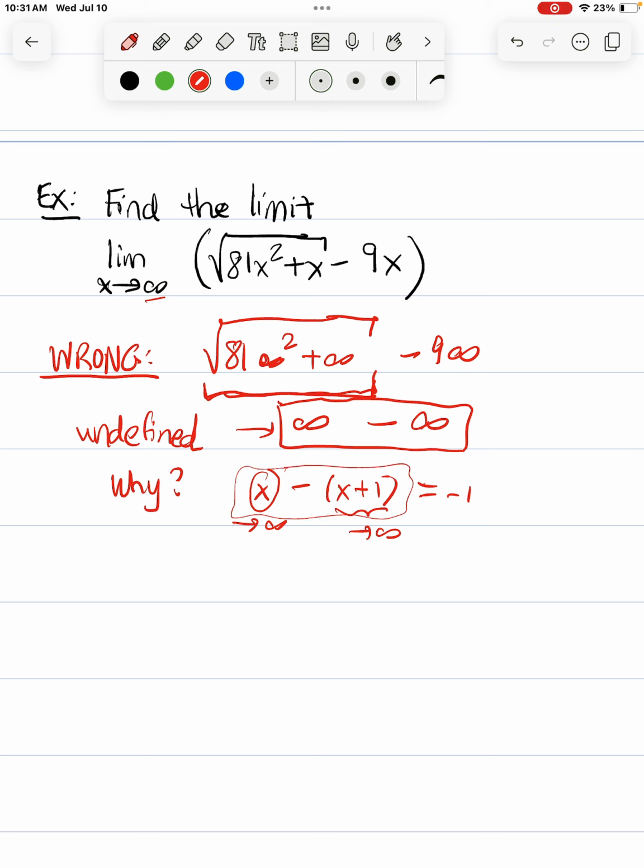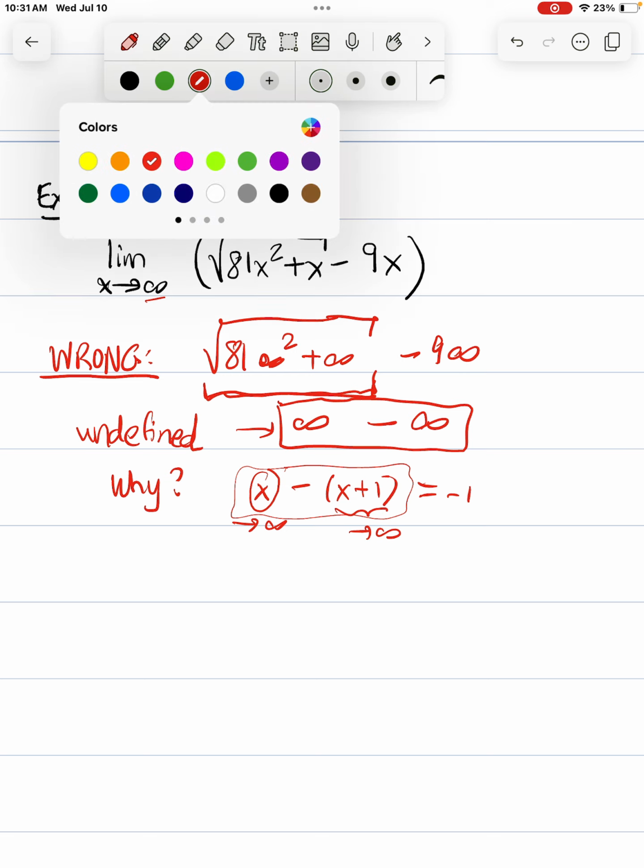But the reason why infinity minus infinity is considered to be undefined is because you can adjust this example to give you any limit.